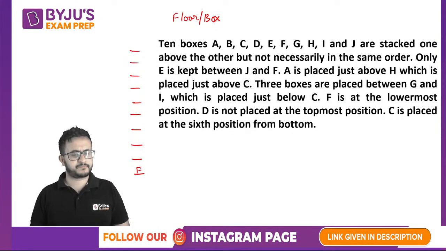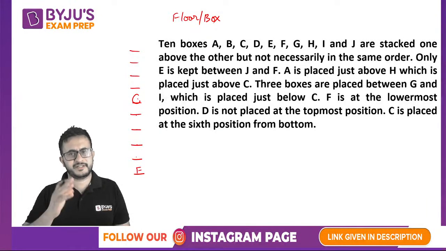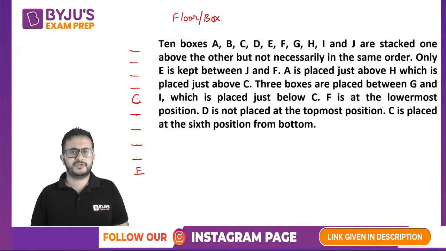And then C is placed at the sixth position from the bottom, right? So mark C also, 1, 2, 3, 4, 5, 6. So this is C. Okay, so that is the way you start these puzzles, right? Even if it is difficult, the way is this only. You should look for some fixed position, right? Then build a chain. Now if anything connecting C, connecting F, that we should see.